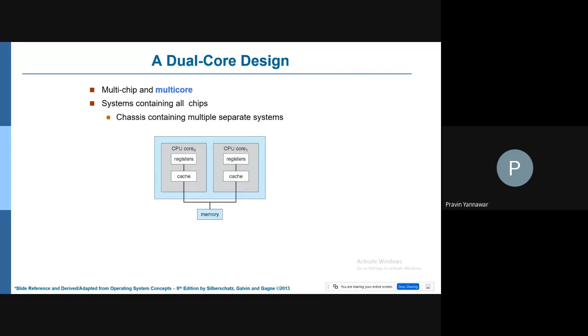Right now we are using dual core architecture and similar architectures. What it indicates is that you have a multi-chip and multi-core architecture. Here the cores are being defined.